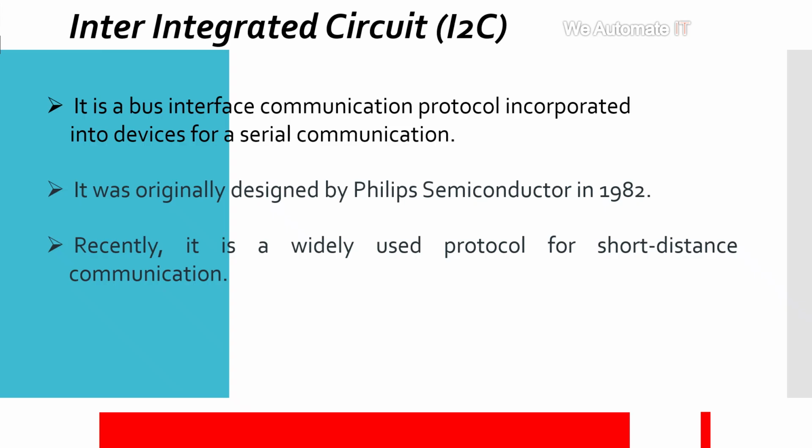Unlike UART, which uses separate transmit and receive lines, I2C needs only two communication lines. UART also uses two lines, but they are separate for transmitter and receiver, whereas I2C uses just two lines for transferring data between the devices. It is a bus interface communication protocol incorporated into devices for serial communication.